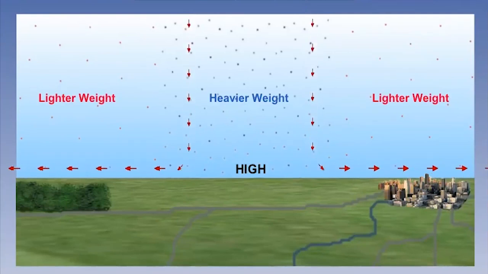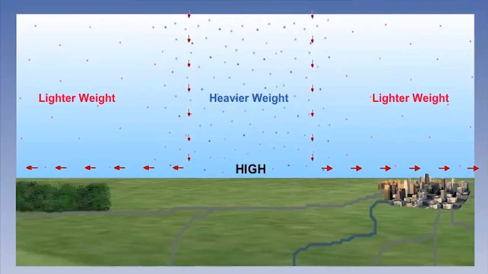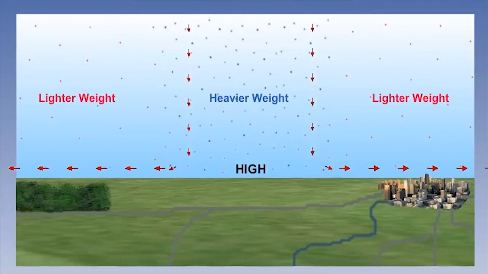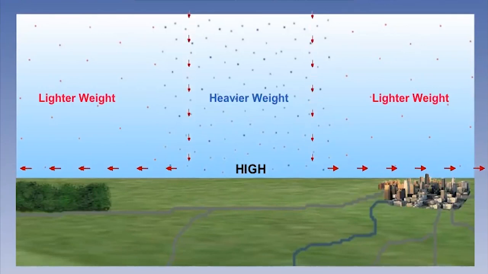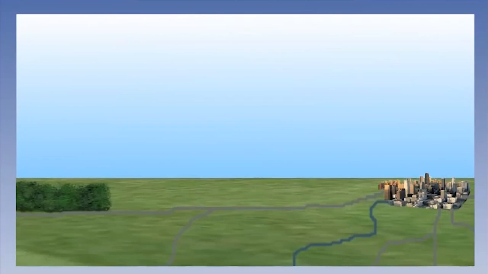The first types are called permanent warm anticyclones. The reason for the name is because they tend to create very warm, dry surface conditions. Let's look at the reason why. If you remember back to low pressures, we stated that if air was forced to rise, it would cool adiabatically. In this type of high pressure, the reverse is the case. In the upper atmosphere, we can have an excess of air.